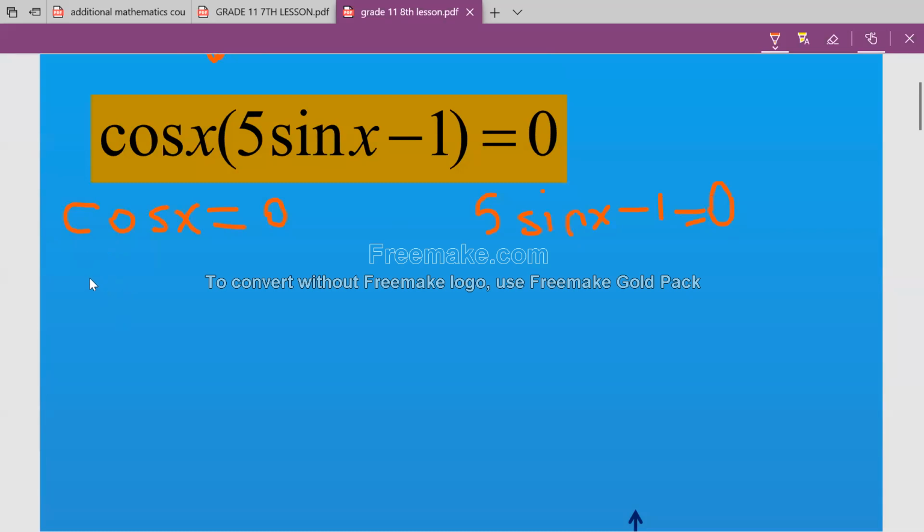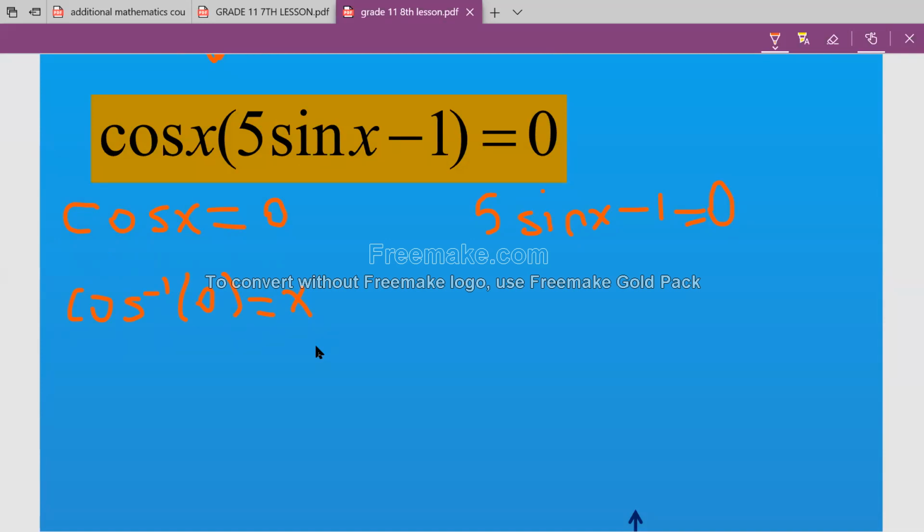How can we find it? Cosine x equals 0. When you use your calculator, inverse cosine of 0 equals x.